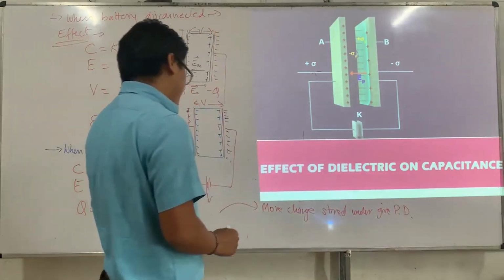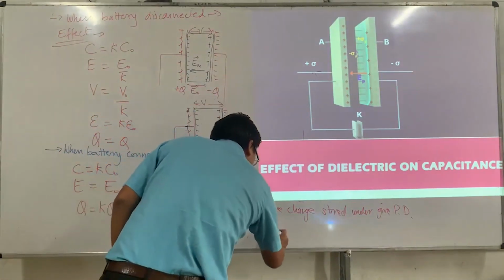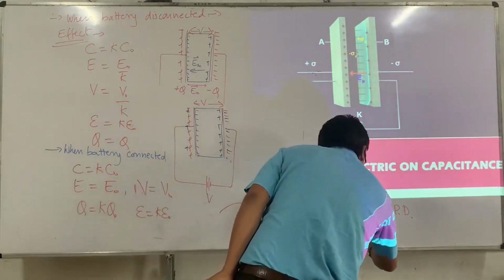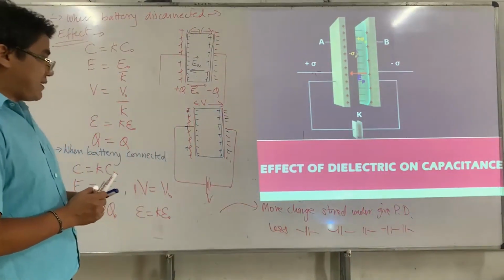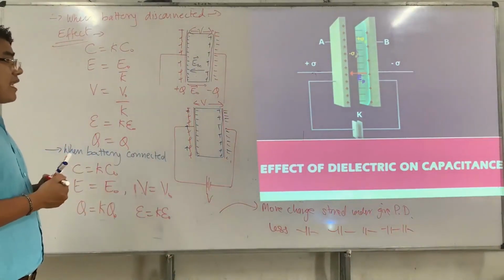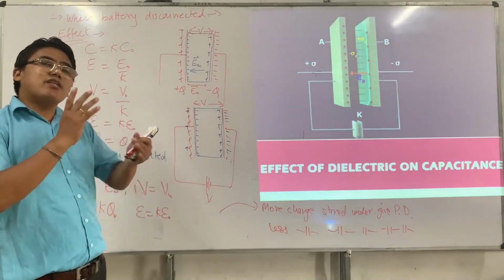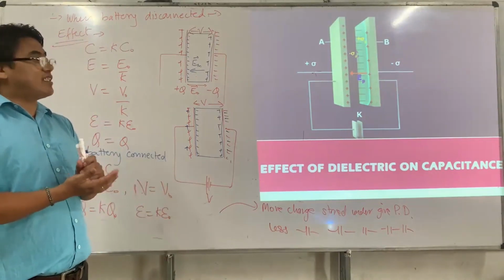This is what we have, and the capacity is more. And less charge stored under a given potential difference means less capacitance. We define more capacitance and less capacitance in two ways: one in terms of potential difference, another in terms of charge.